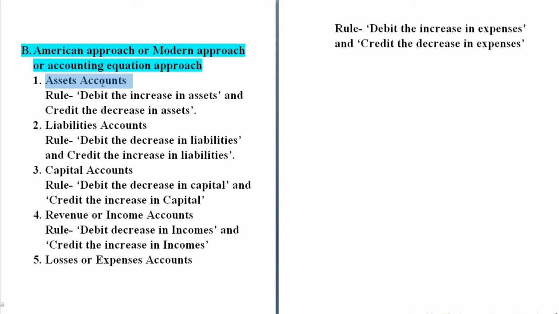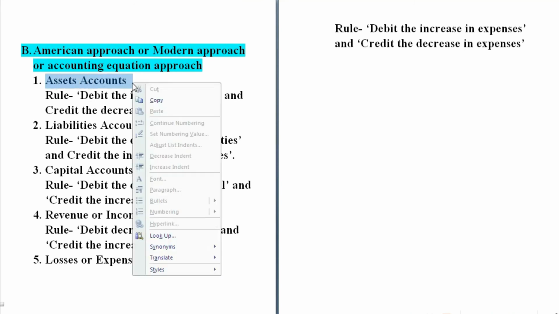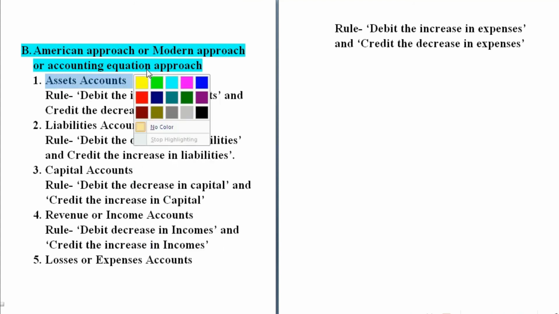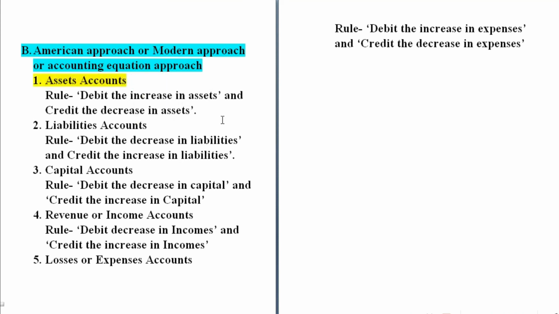The first one is asset account. What are assets? Assets are something that you own in your property and which helps you to earn money in future. The rule here says debit an increase in asset, credit the decrease in asset.